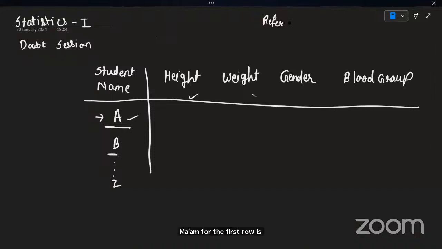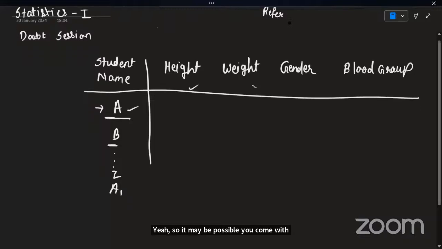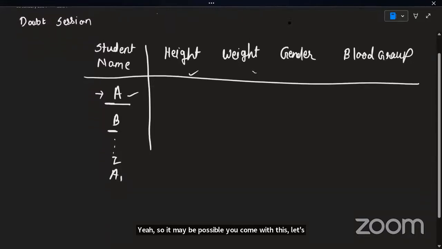But in general, A, B, C, D is nothing. You have to say students are the cases. If you get another student, A1, you add one more case, one more unit, to your data set.